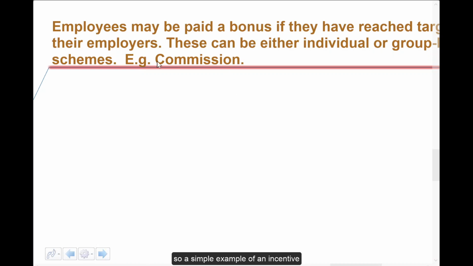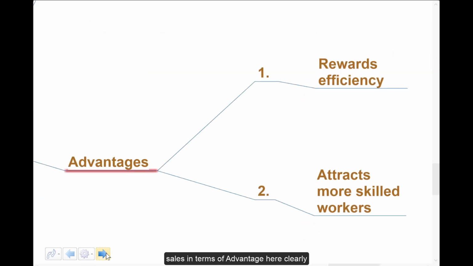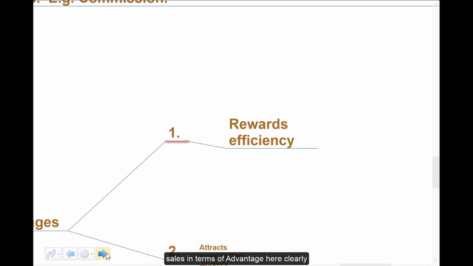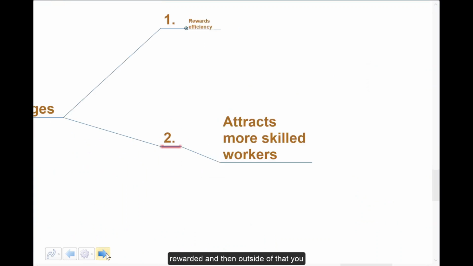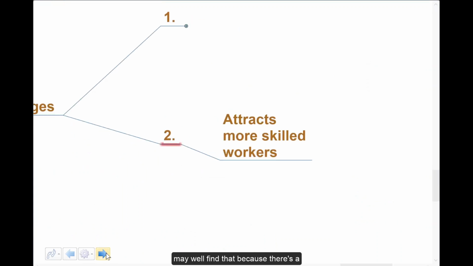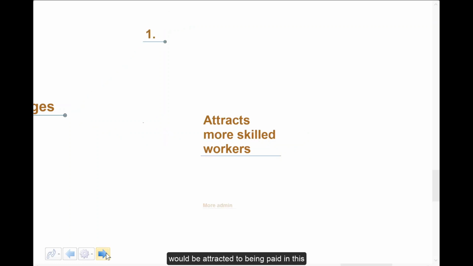So a simple example of an incentive scheme would be commission, possibly commission-based sales. In terms of advantage here, clearly efficiency is being rewarded. And then outside of that, you may well find that because there's a bonus, because there's an easy way to make more money, more skilled people will be attracted to being paid in this way.